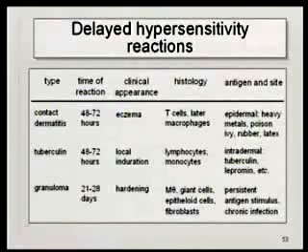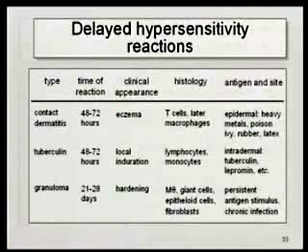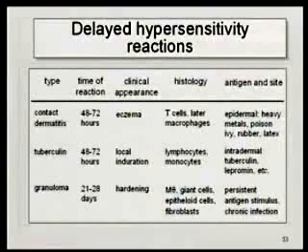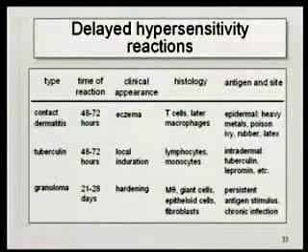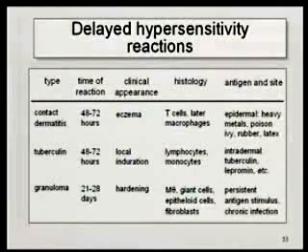The tubercle reactions, roughly the same time course, but it is characterized by induration, hard thickening. And when one looks at the histology, one would find monocytes and lymphocytes. And examples are lepramin, leishmanian, tuberculin, those diagnostic tests.